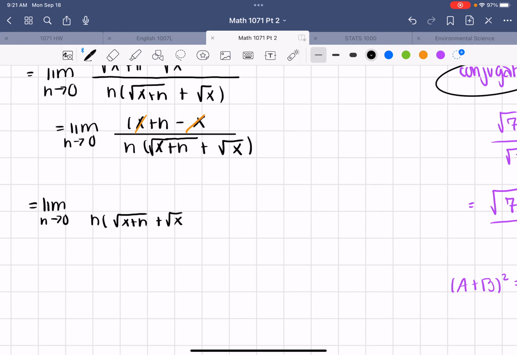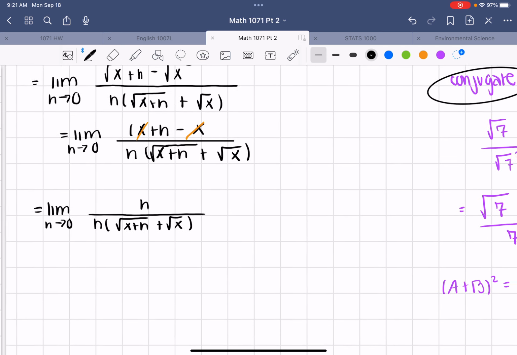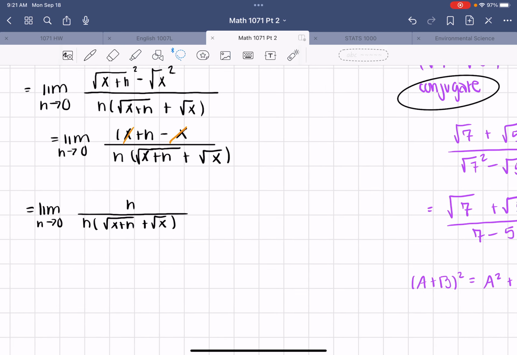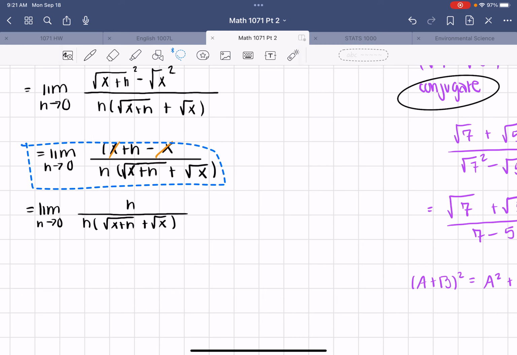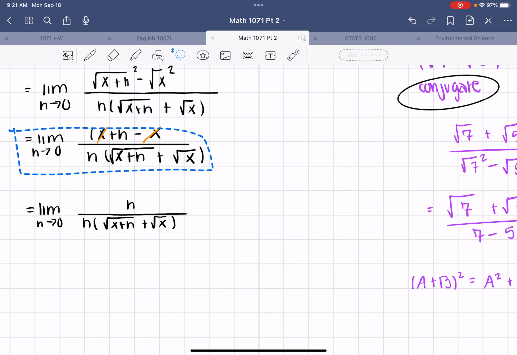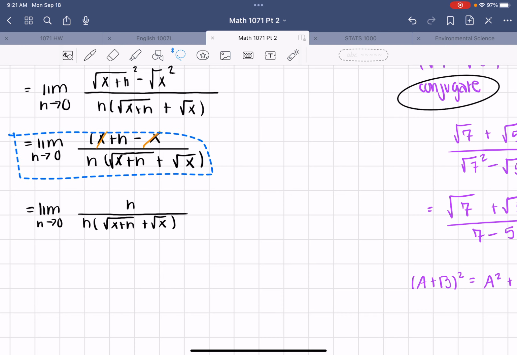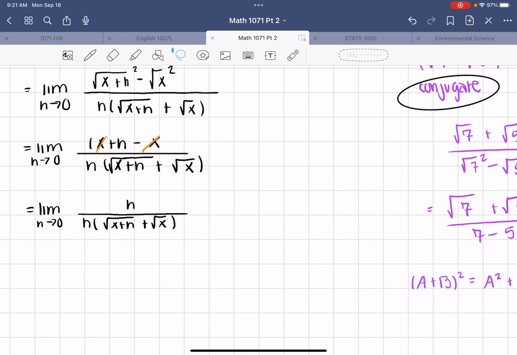So how does limit help us get around this problem? Because h is only getting close to 0. It doesn't equal 0. h is tiny. And as long as it's tiny, because it's not 0, you may cancel factors.